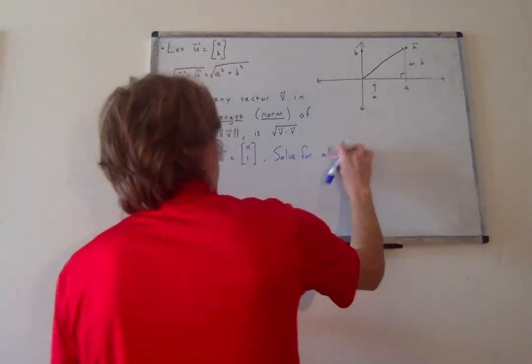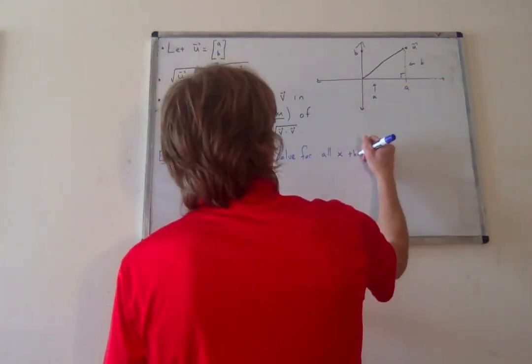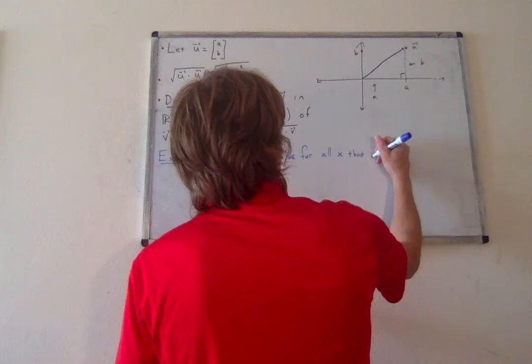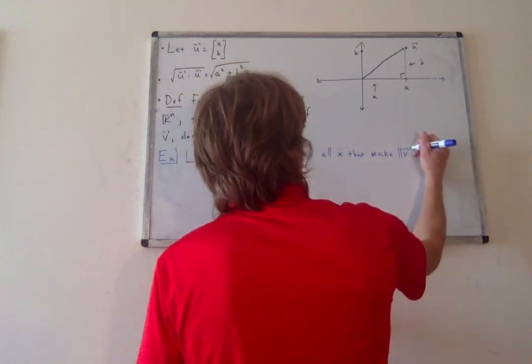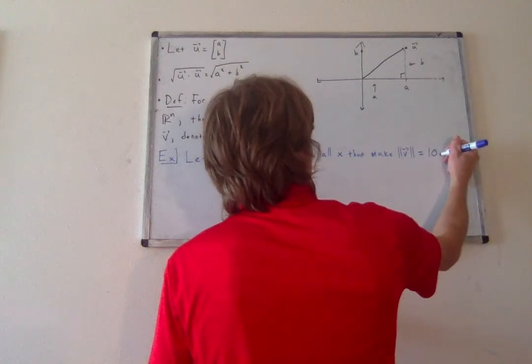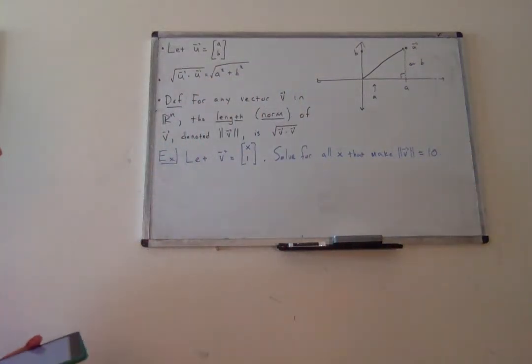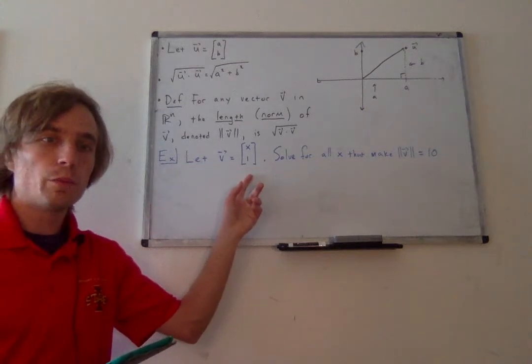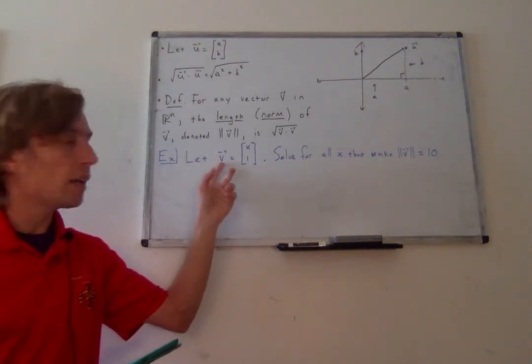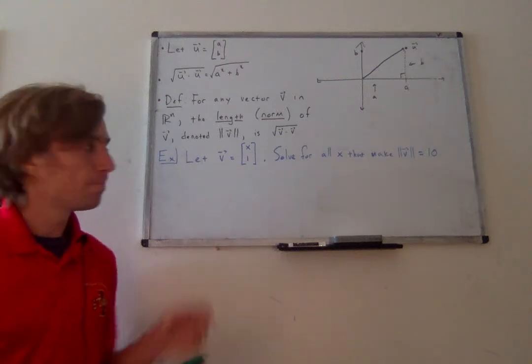Nope, x is not a vector, x is a number, that make v have length 10. So what we want to do is solve for this variable that's embedded in the vector that makes this vector a length 10 vector.